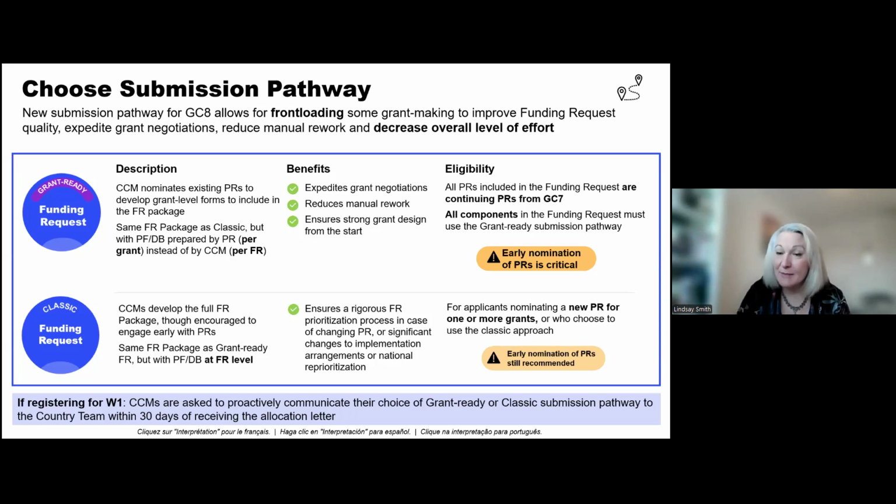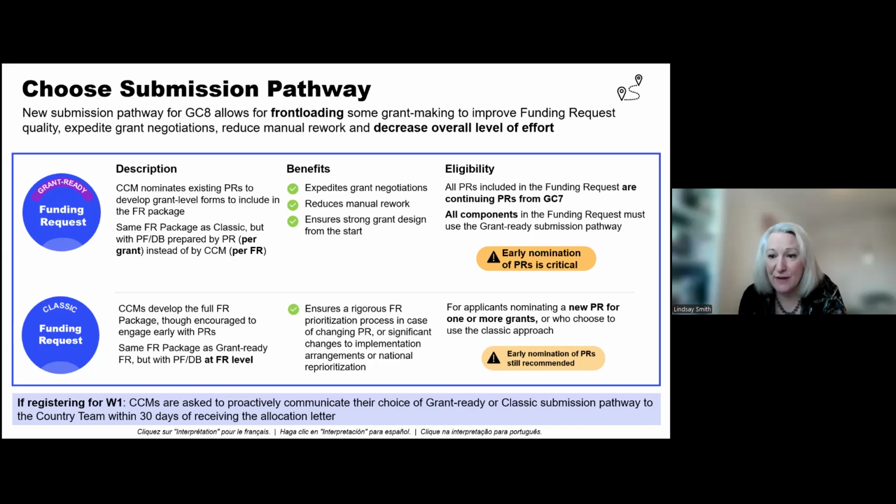But if the CCM chooses to nominate a principal recipient that has been previously working in the Global Fund system as a principal recipient, then that CCM can ask the principal recipient to do the grant level negotiations on the performance framework and detailed budget for the grant, and then be able to use those for the funding request submission.